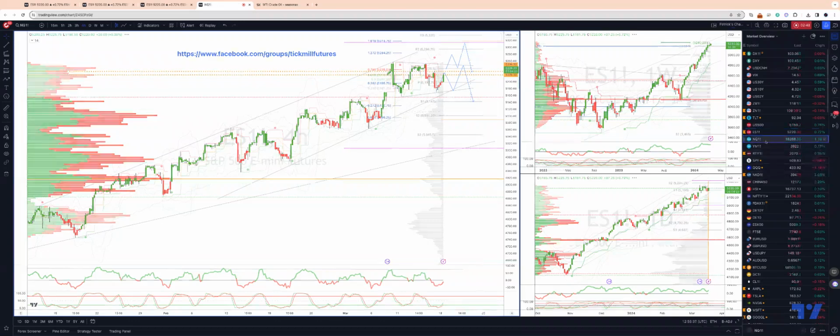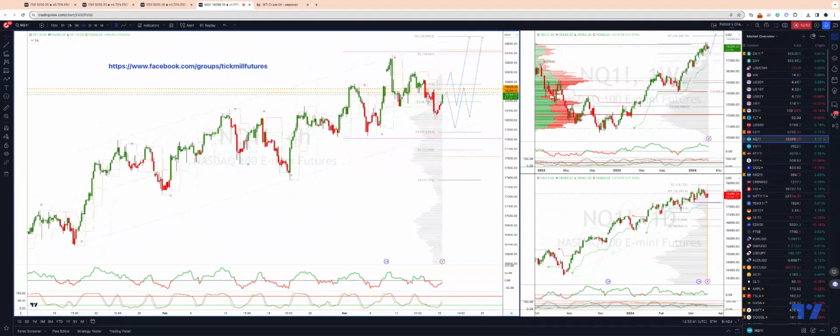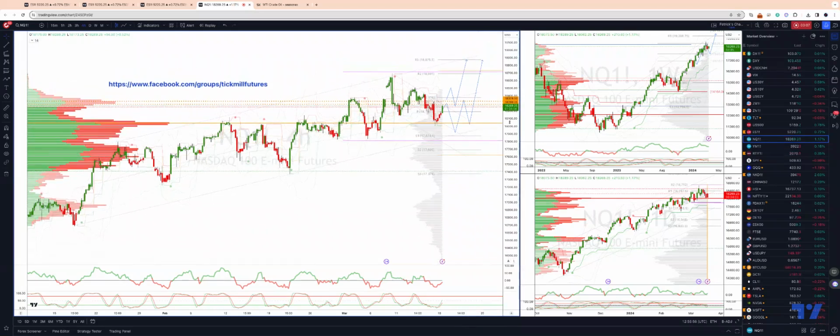Moving to the Nasdaq, key event risk today with respect to the Nasdaq is going to be the Nvidia press conference being held later today after, I think, 1 p.m. Pacific time, and the market anticipates good news coming out of that conference.